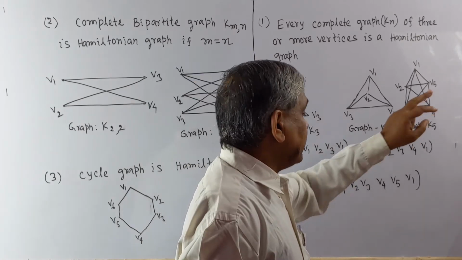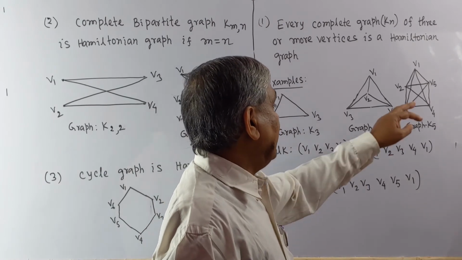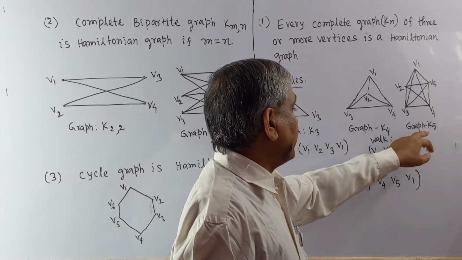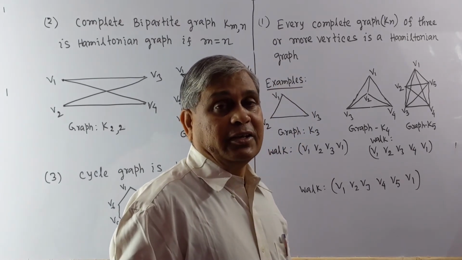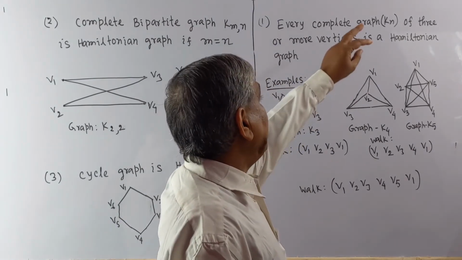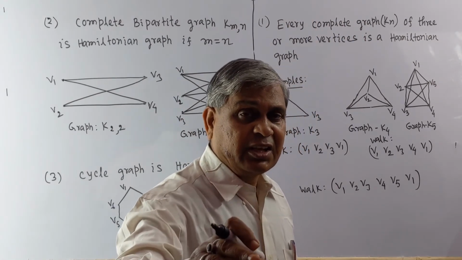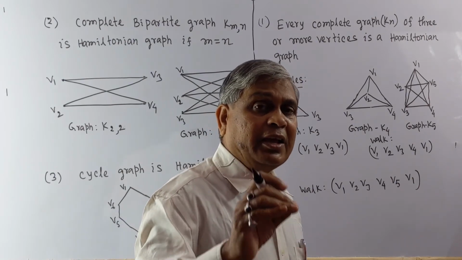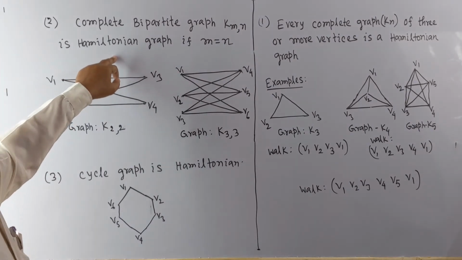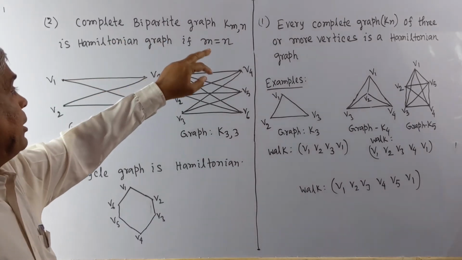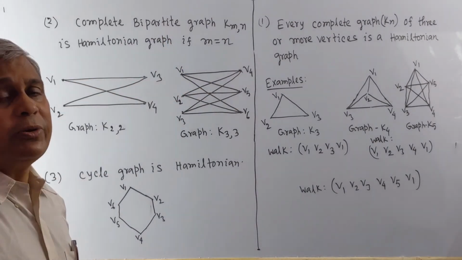So this graph contains a Hamiltonian circuit, and therefore graph K5 is a Hamiltonian graph. Similarly, any complete graph of 3 or more vertices will be a Hamiltonian graph. Our next is complete bipartite graph Kmn is Hamiltonian graph if m equal to n.